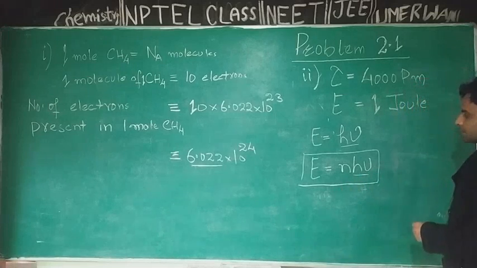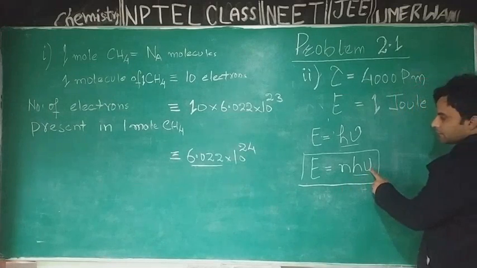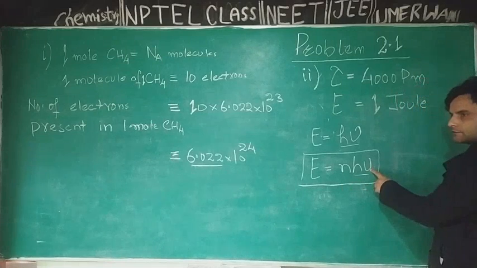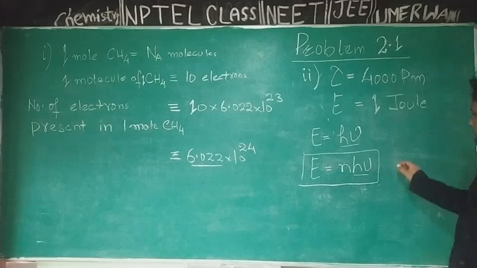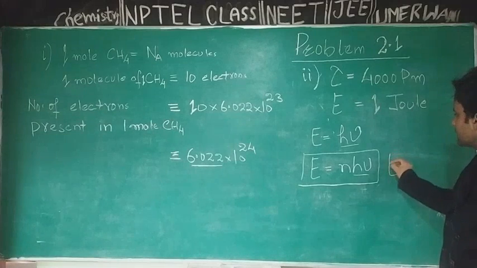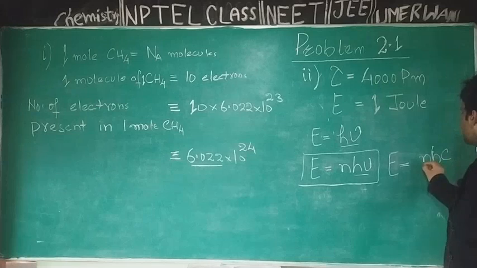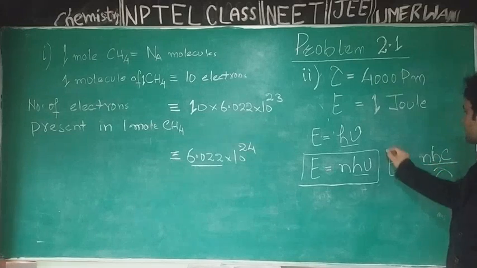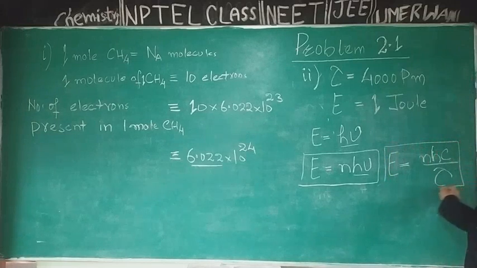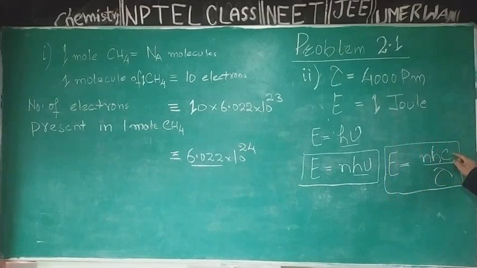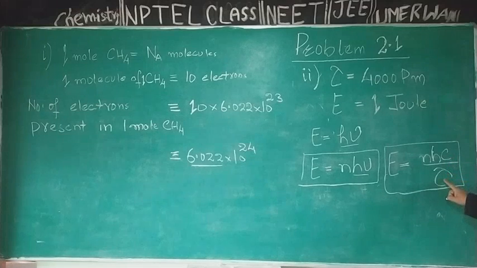Now keeping in mind that frequency is not given, wavelength is given, I can express frequency in terms of wavelength. So exact equation that I will use here is E is equal to n h c by lambda, because we know frequency is equal to velocity of radiation divided by wavelength of radiation. Nu is equal to c by lambda.